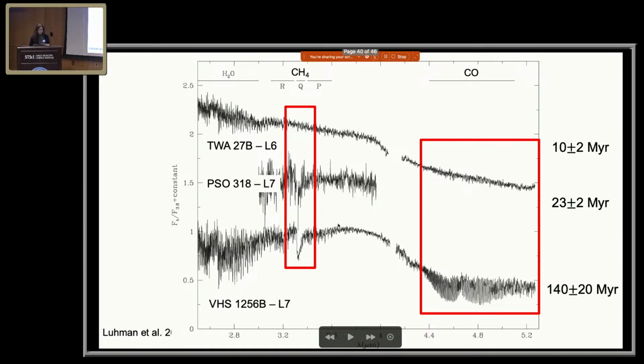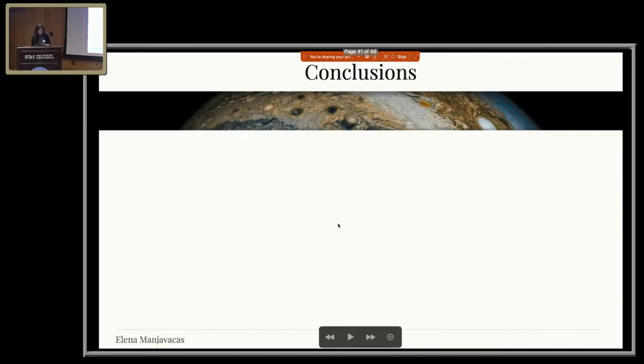The other two spectra do show the methane feature, and VHS also shows a very prominent carbon monoxide feature that we don't see in the spectra of the planet. So why is that the case? What is going on? Well, it's the first spectra of such a young brown dwarf or planet of this spectral type. There are not many examples of this super young spectra of the LT transition brown dwarfs because they are very faint. So we have to keep searching.